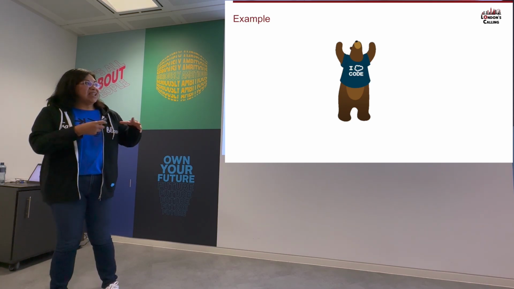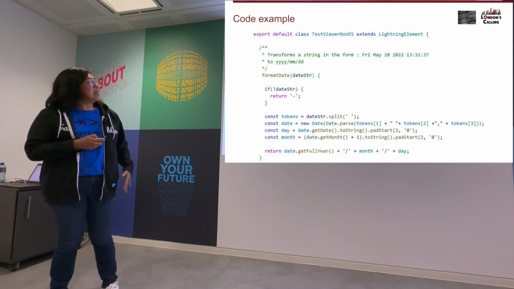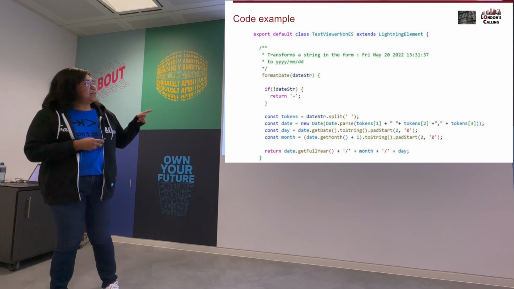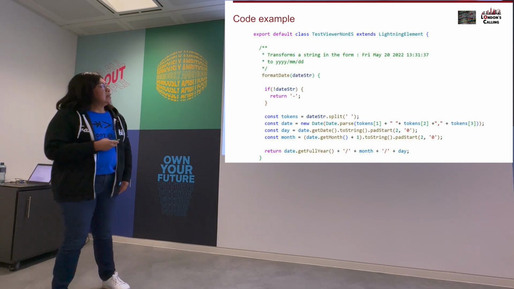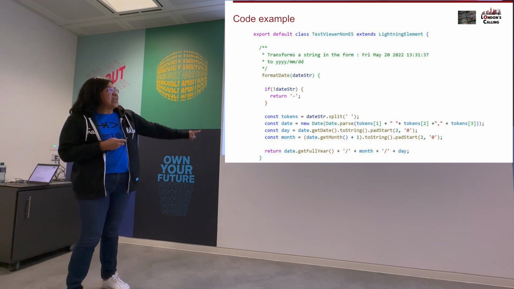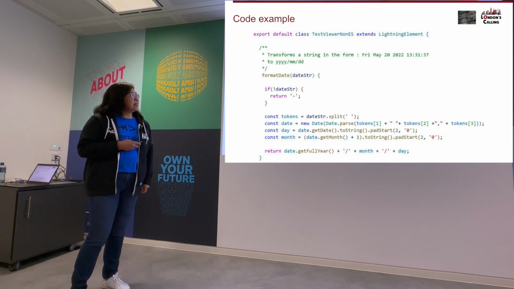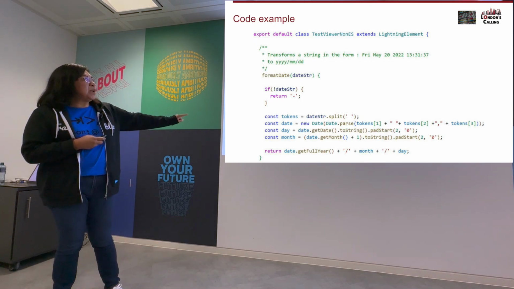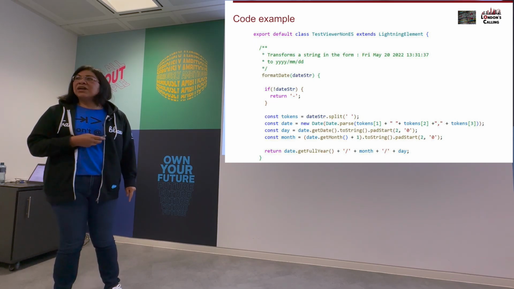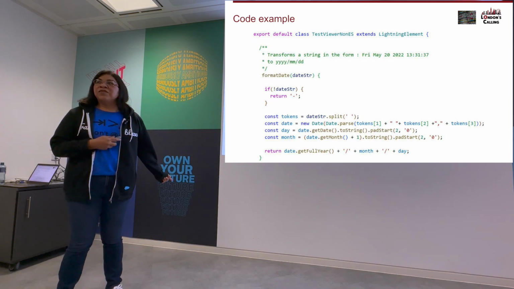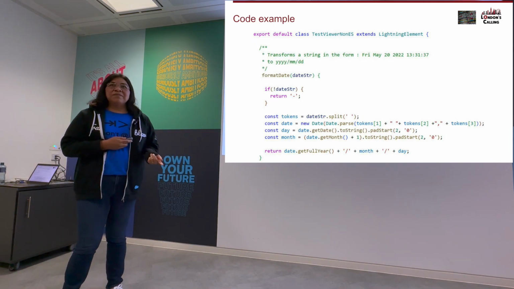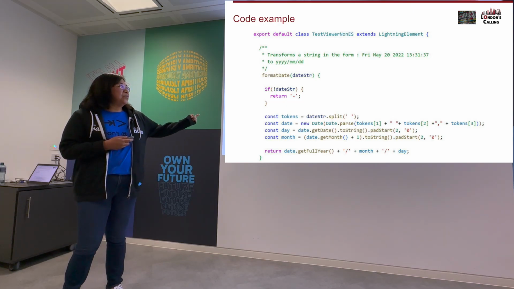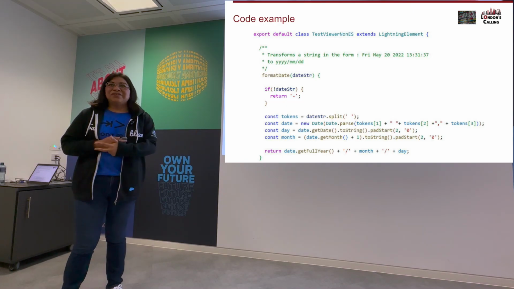So in this case, I don't have an example in the app because it's in the backend, but I have a code example. Remember the format date that we had in the getter. So imagine that I have this format in my Lightning Web component, and then I have a colleague that says, I want that same function. Can you share it with me? I wouldn't give this to that person to copy paste into the Lightning Web component.